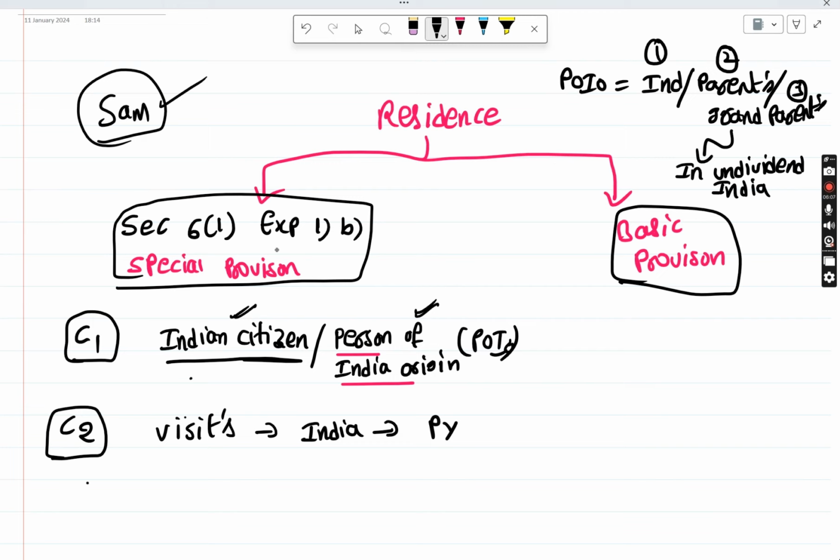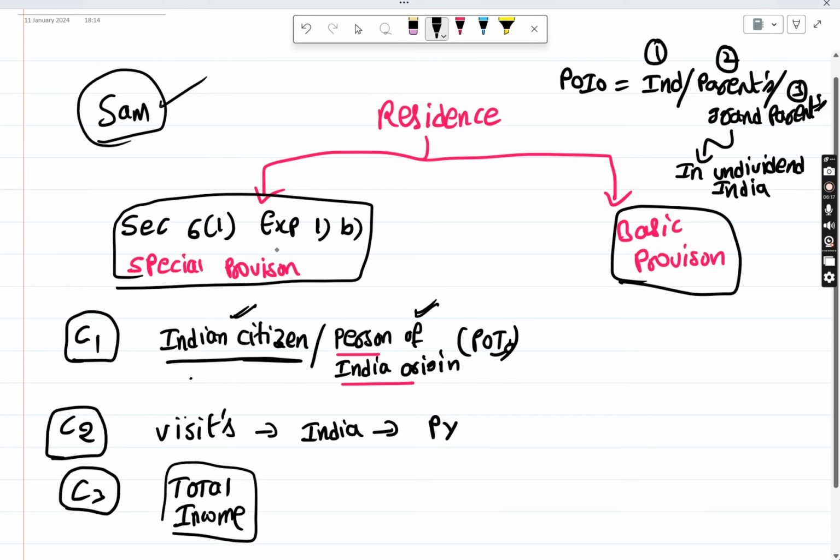Then condition number 3: his total income. Total income is a very big word, as discussed in the last class. Total income means profits and gains from business or profession, capital gains, income from other sources. We have heads of income, right? If you combine all those things, we will call it total income.